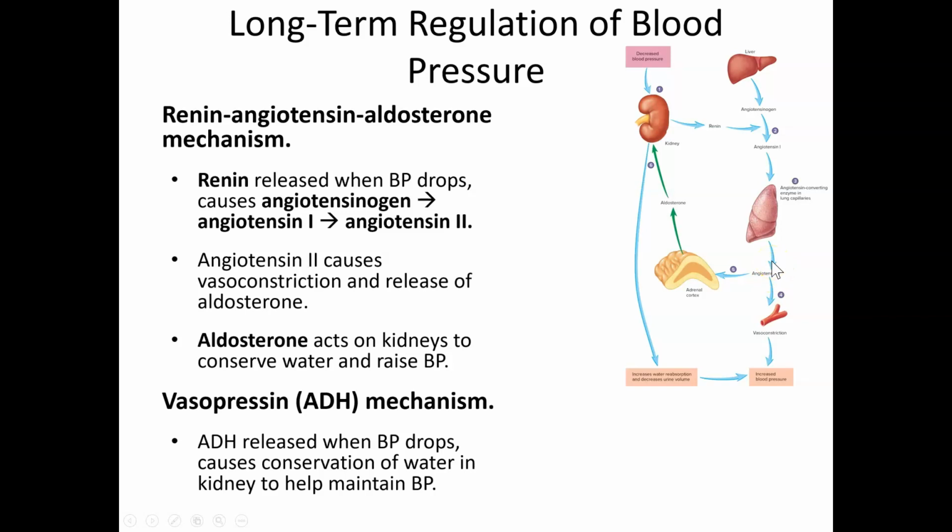Angiotensin 2 will do a couple of things, but mainly for now, we will know that it's going to cause vasoconstriction, which will increase our blood pressure. And it will also release aldosterone from the adrenal cortex.